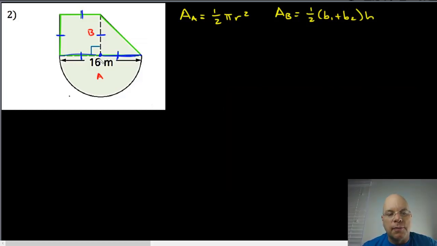Okay, we said before the pause that this 16 meters is the diameter, so the radius is 8. So the area of region A, which is the semicircle, is, I'm just checking to see that the directions do tell you to use 3.14 for pi, so it's approximately 1/2 of 3.14 multiplied by the radius, which is half of the 16, so 8 squared.